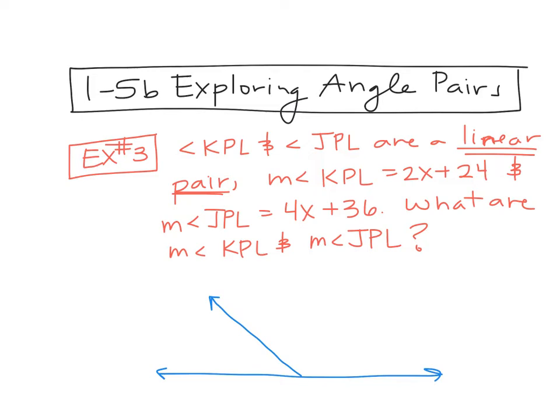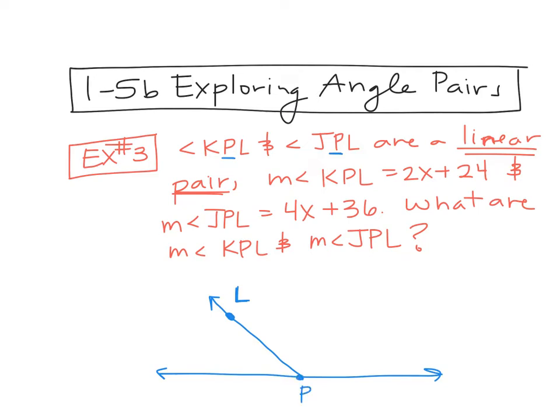So if it's KPL and JPL, what point needs to go here? L. Yes, it's L. Which one's the vertex? P. So P, the middle letter is always your vertex, right? So P is going to go here.